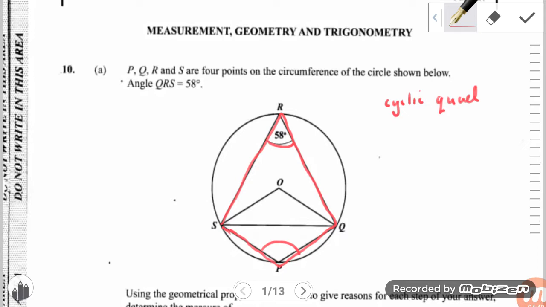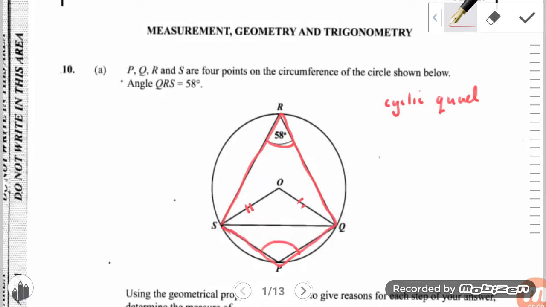Now, when there are radii inside the circle, it tends to form what is called an isosceles triangle. So the radius OS and the radius OQ form a triangle with the chord SQ, and that triangle in the center is an isosceles triangle.